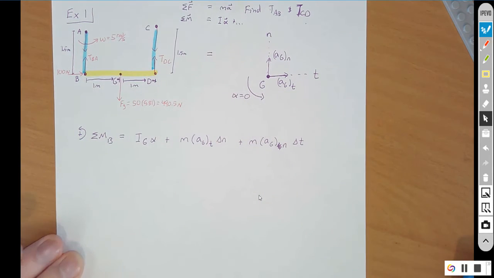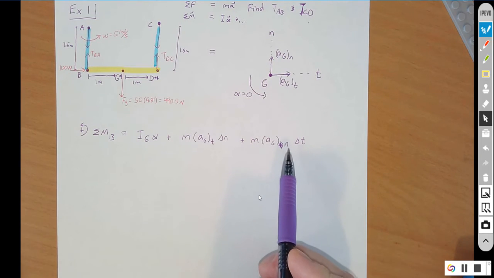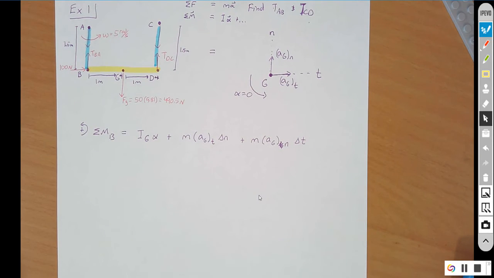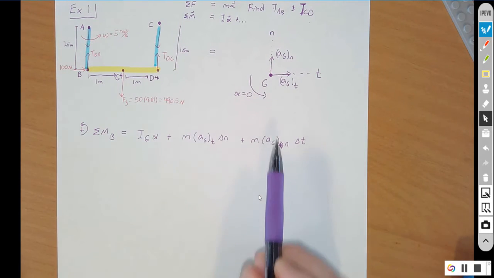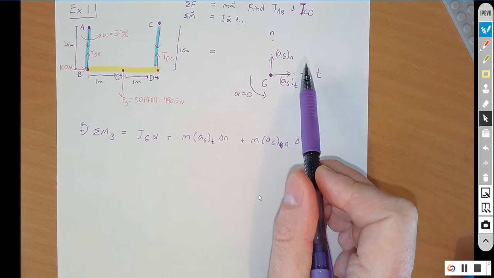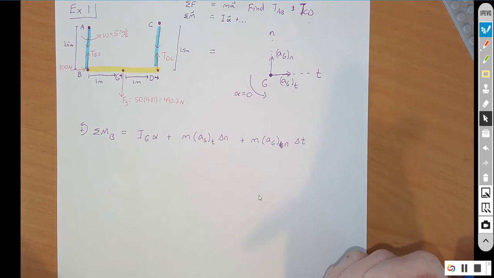So this is not a statics problem. It's not sum of moments equals 0. It's equal to all of these kinetic moments, which is why we set the problem up like this. All of our moments will come from over here, all of our kinetics will come from over here, and then there are some dimensions that will be shared.